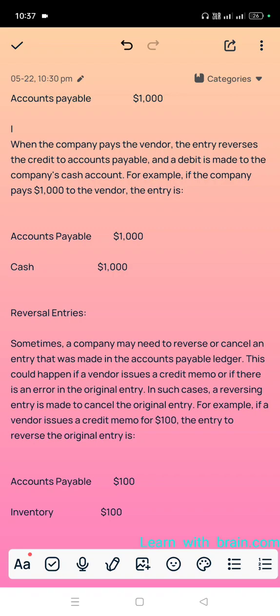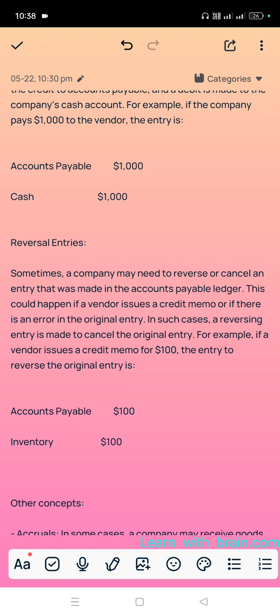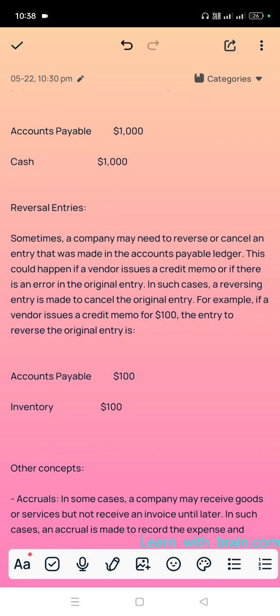For example, if the company pays $1,000 to the vendor, the entry is accounts payable account debit, cash account credit, because at the time of purchase we credit accounts payable. The liability reduces at the time of payment, that's why we debit accounts payable account. As per the real account rule, the cash account is credited, because the cash goes out of the business.